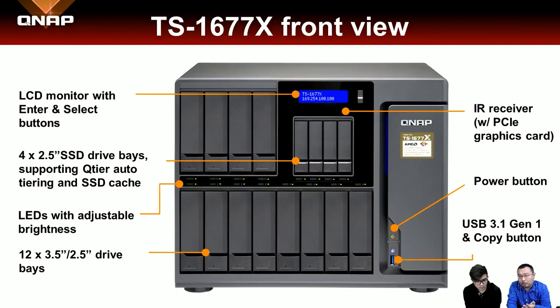After you have installed a graphics card, you can use the IR receiver together with a remote control purchased from QNAP to play back your multimedia, with the HDMI connection to the TV.